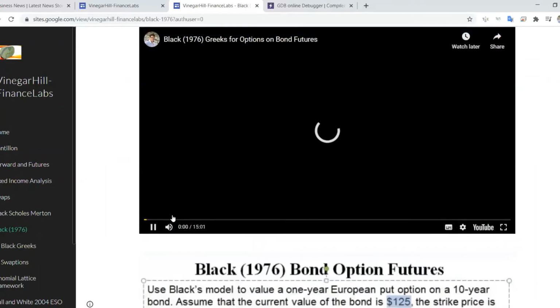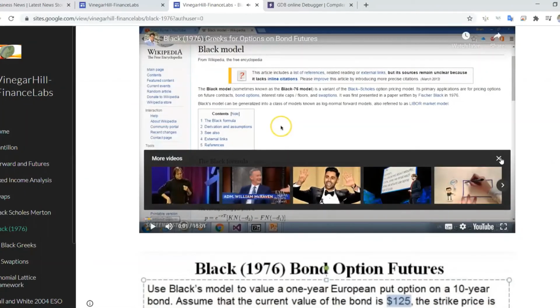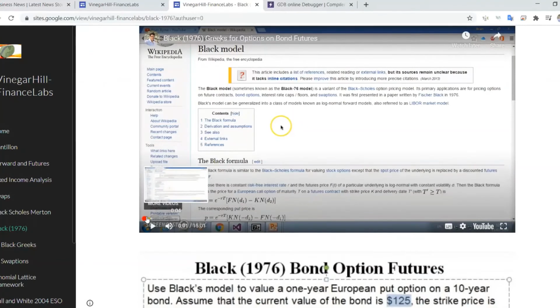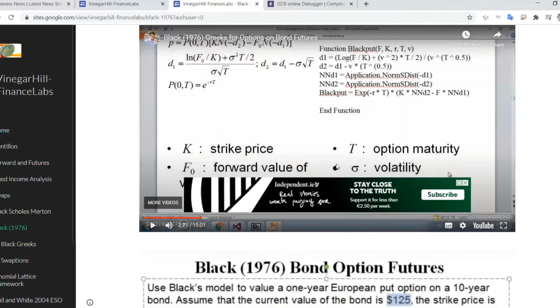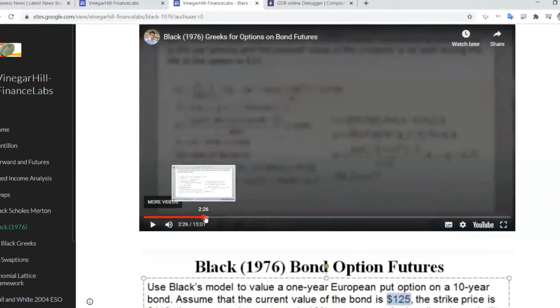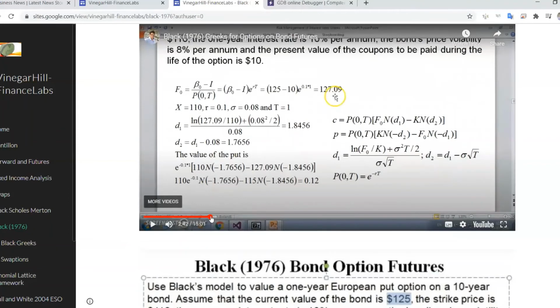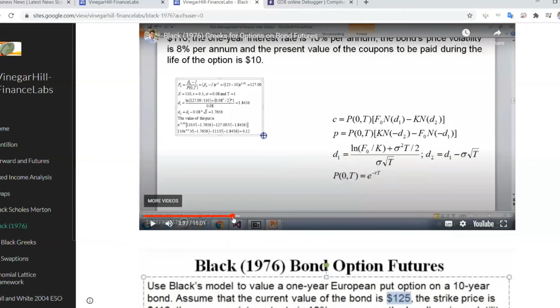If I might just pull that along a little bit. Put-call parity, we have some reference here. Let's go again. I think it's a little bit further on.